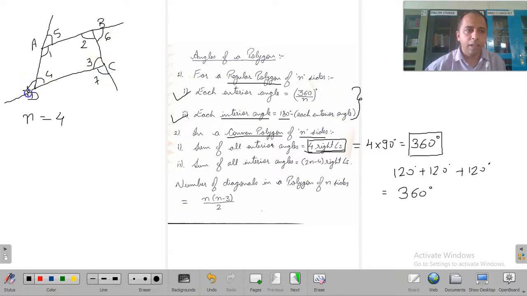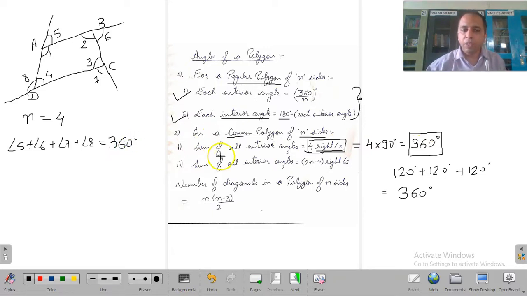And then this angle 8. These are the exterior angles. So angle 5 plus 6 plus 7 plus 8 is how much? It is 360 degrees.